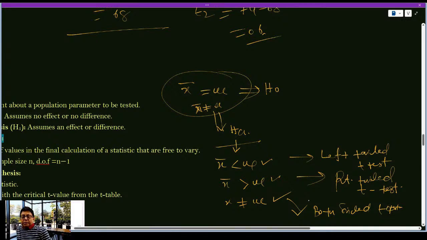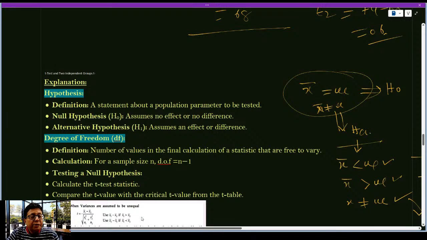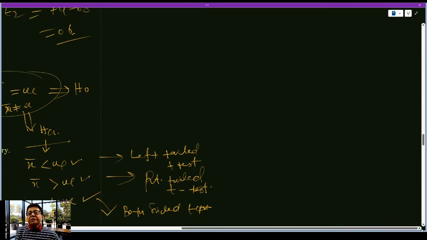Okay? Now to understand left-sided, right-sided and both-sided, we have to take the help of the t-distribution table and the corresponding curve. For that, we need to know one more thing, that is degrees of freedom.